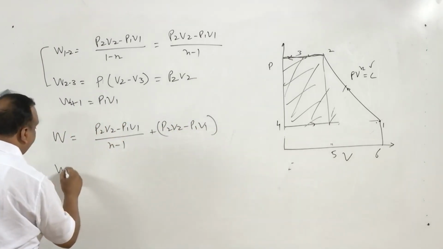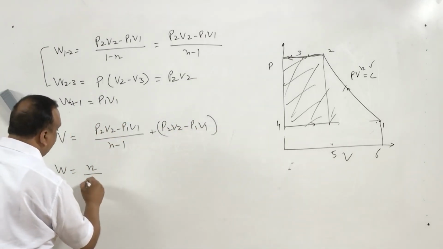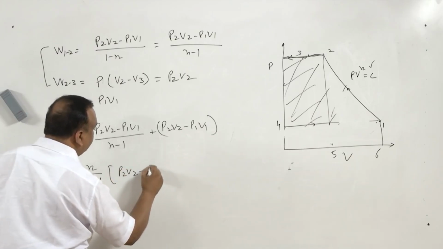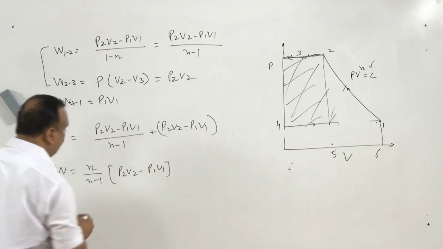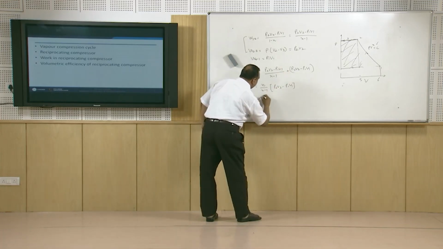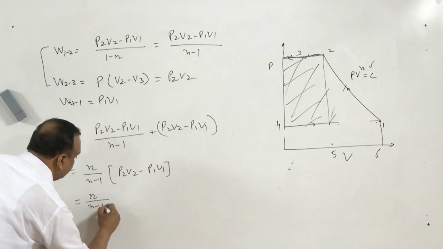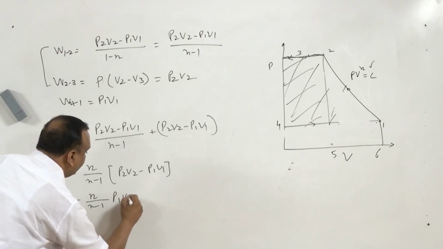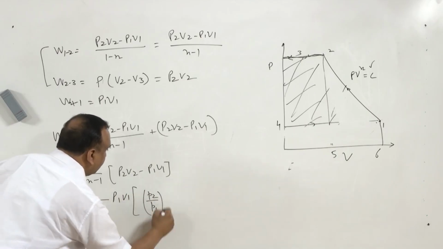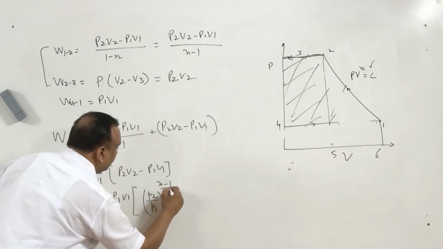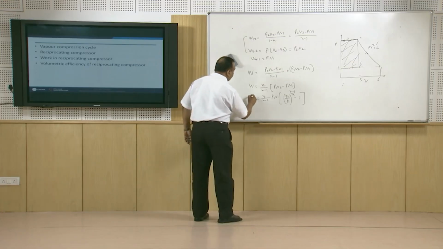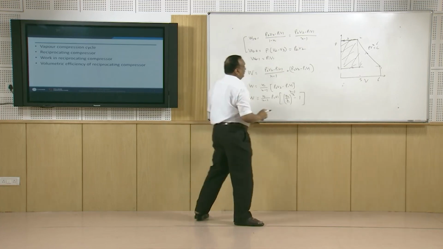The final expression is going to be n upon n minus 1 times (P2 V2 minus P1 V1). We can further simplify it in terms of pressure ratio, then it is equal to P1 V1 times ((P2 by P1) raised to power (n minus 1) upon n, minus 1) upon n minus 1. This is the work of compression for this process.